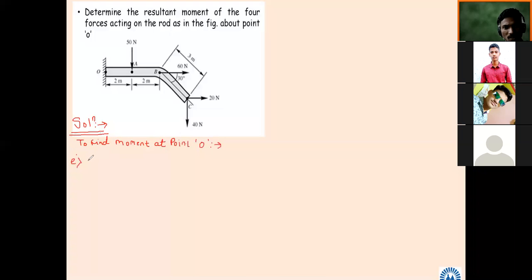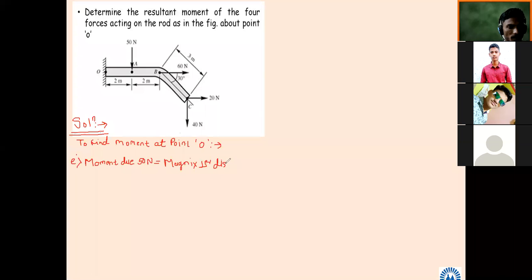Whether this diagram is clearly visible? Yes, sir. Okay. So I will write here: moment due to 50 Newton force equals. So what is our general formula? Simple: magnitude into perpendicular distance.